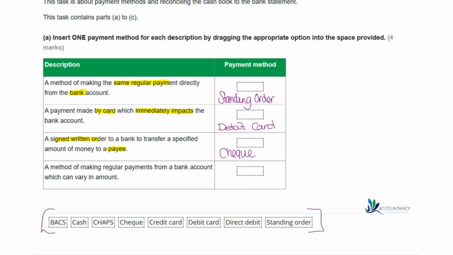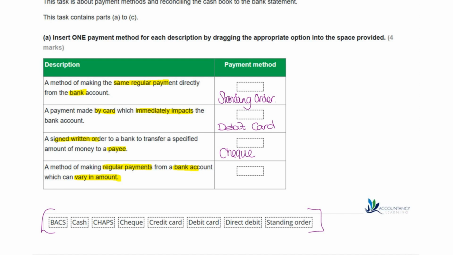And then finally, a method of making regular payments from a bank account which can vary in amount. You might think this is similar to the top one, which it is, but the difference is that the standing order is the same regular payment, whereas this one is a regular payment that can vary in amount.